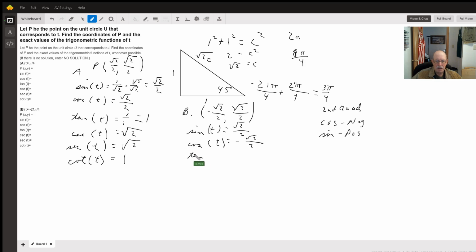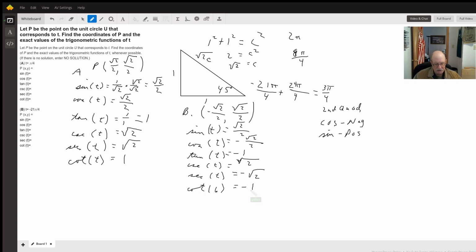Tangent, well, since the cosine's negative and the sine's positive, tangent is sine divided by cosine, so it's going to be -1. Cosecant of t will be square root of 2. Secant of t will be negative square root of 2. And cotangent of t will equal -1.